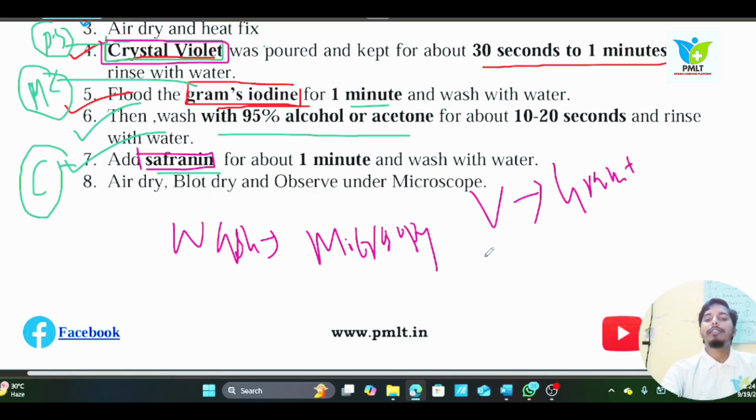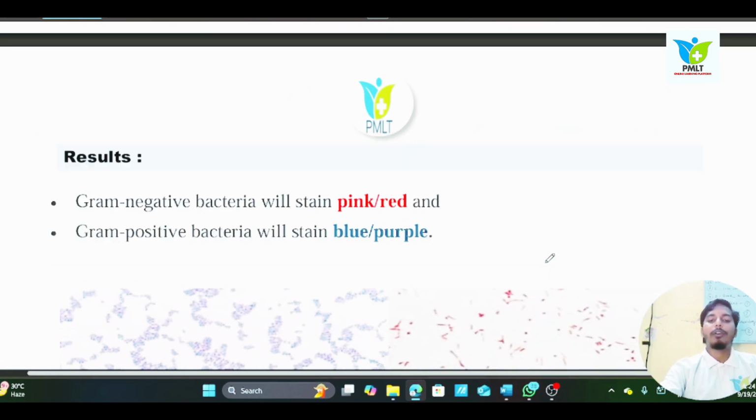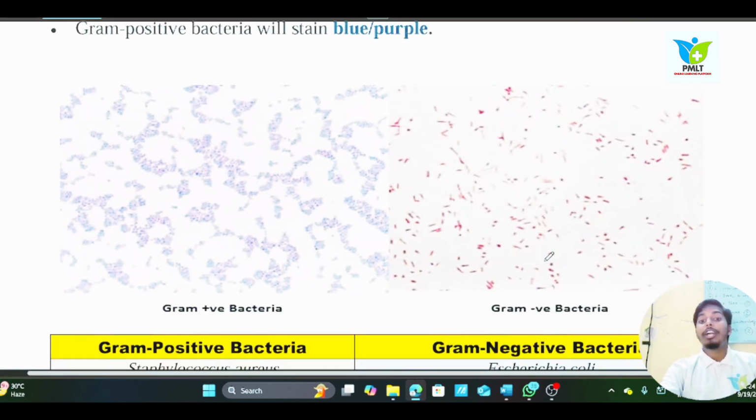And if it is pink in color, it defines gram negative bacteria. So you should not forget this. Gram positive and gram negative bacteria we have already understood. See, here are the two types of bacteria mentioned: gram positive bacteria are blue to violet in color, and gram negative bacteria are pink in color.